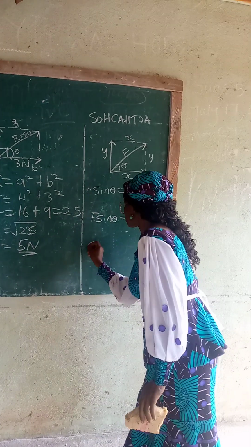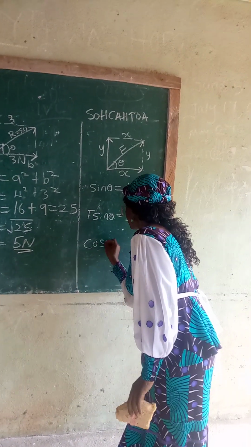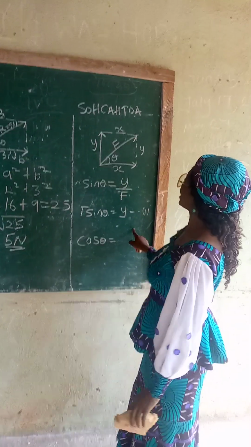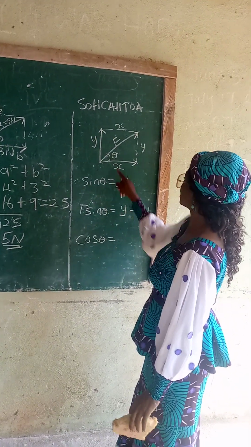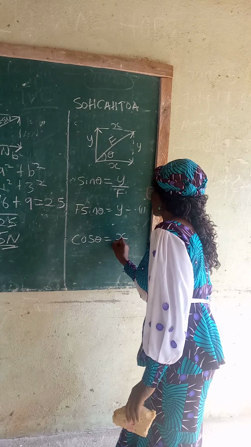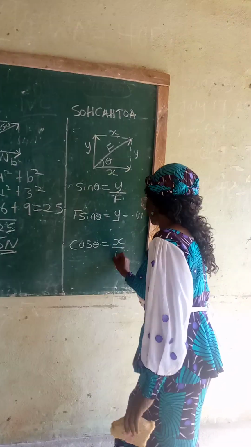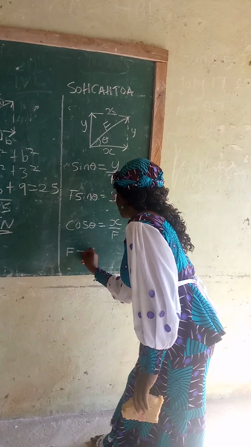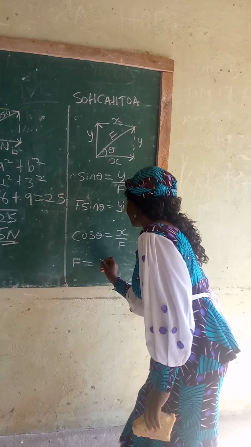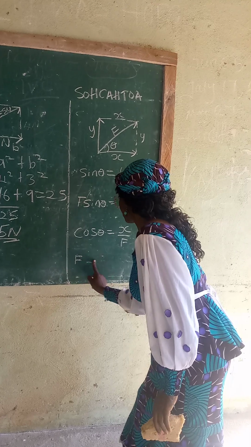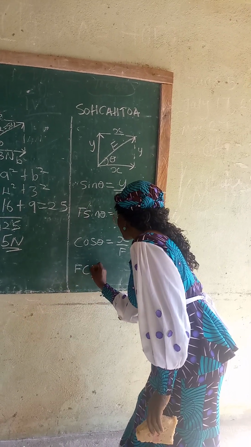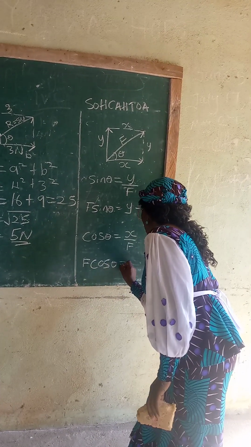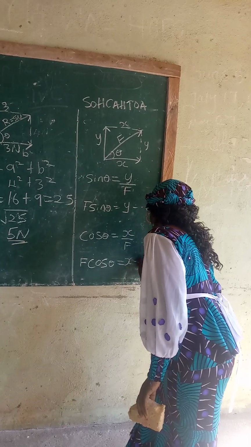So we use cos theta too. Cos theta is adjacent over hypotenuse. That's x over f. If we make x the subject, we have f cos theta is equal to x. Let's call this equation 2.